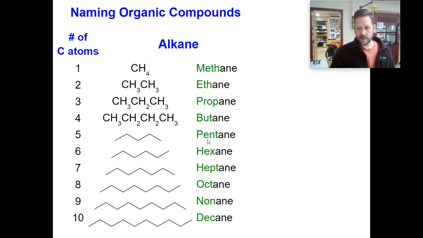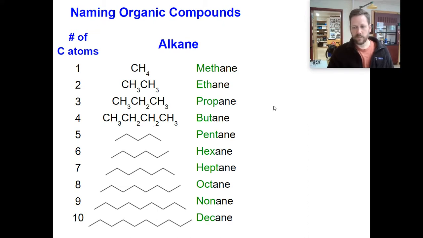But once we start getting to 5, 6, 7, 8, then you'll start to see those familiar Greek prefixes that we also use for other covalent compounds. Methane, ethane, propane, and butane are the names of the alkanes, single bonds only, which contain 1 carbon, 2 carbons, 3 carbons, and 4 carbons in that order.